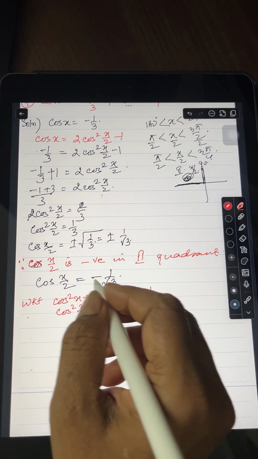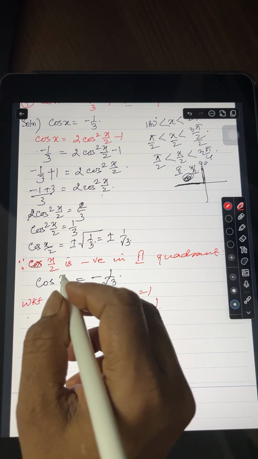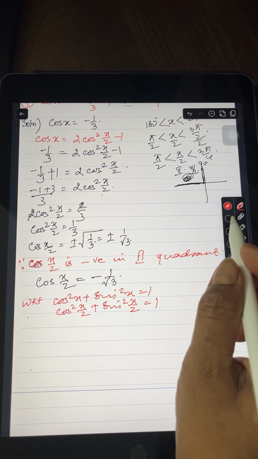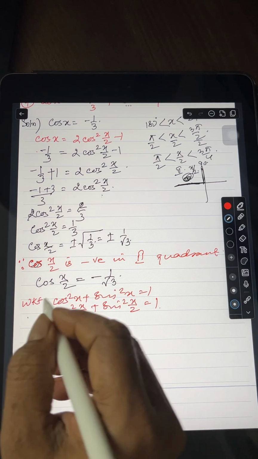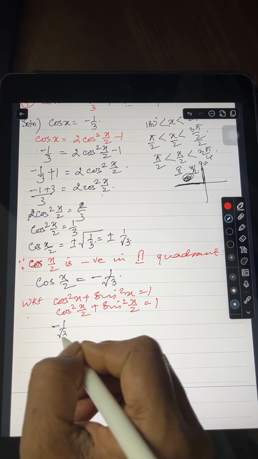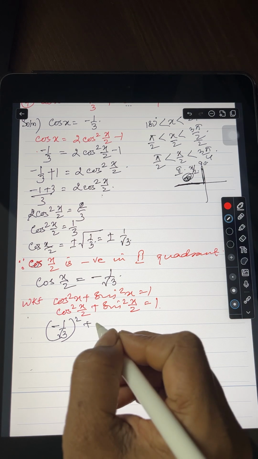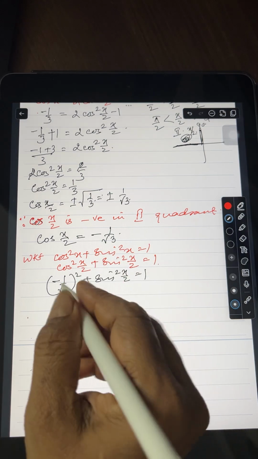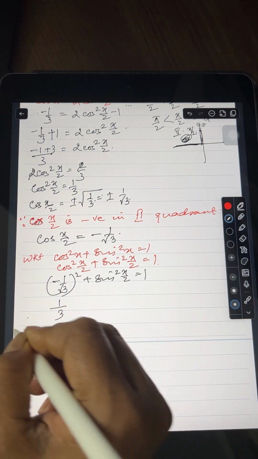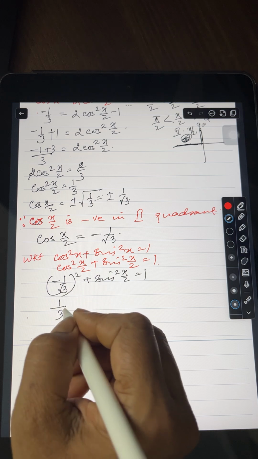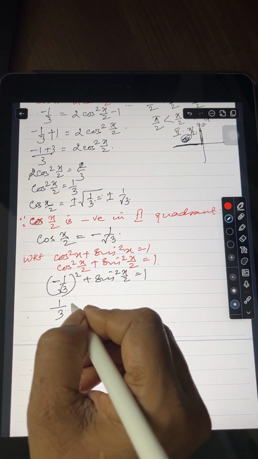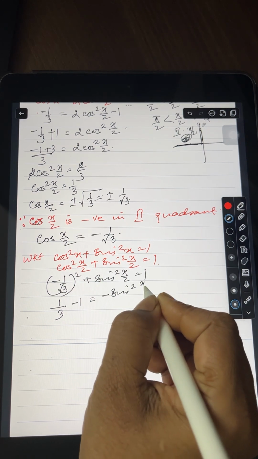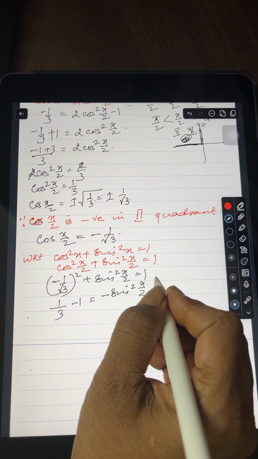You can substitute cos x by 2 here and then find out sin square x by 2. Now minus 1 by root 3 whole square, plus sin square x by 2 is equal to 1. Now 1 by root 3 into root 3 is 3, so 1 by 3 minus 1 is equal to minus sin square x by 2, because I am taking the sin x by 2.